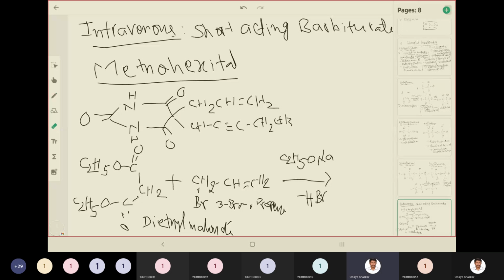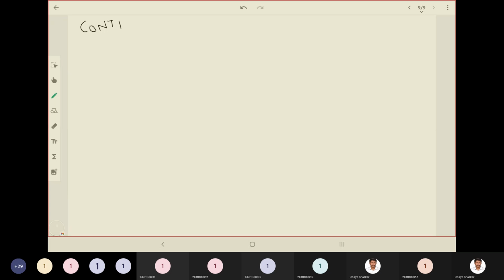After the starting material, let us write the first intermediate. The propenyl group comes and gets attached here.